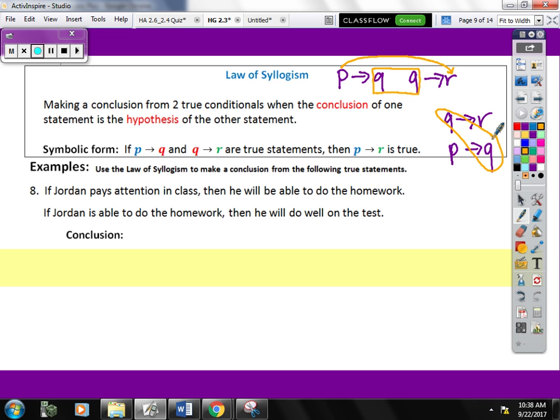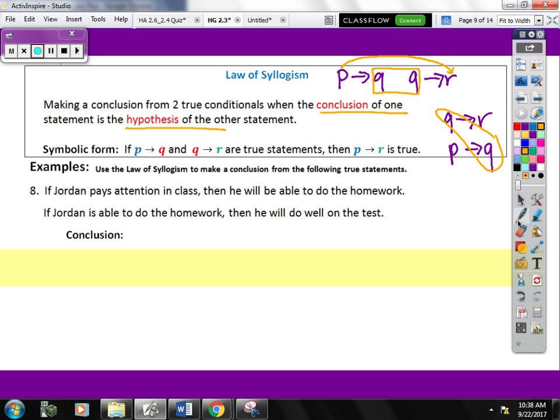If you read the second part first, if P then Q, and Q then R, then P then R. So sometimes they won't put them in a nice reading order. You may have to reorder the sentences to see it, and I'll show you guys an example of that below. But you're looking for the conclusion of one is the hypothesis of the other, and then you can use this law to link the two together.